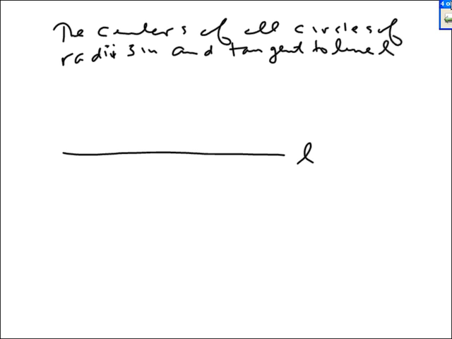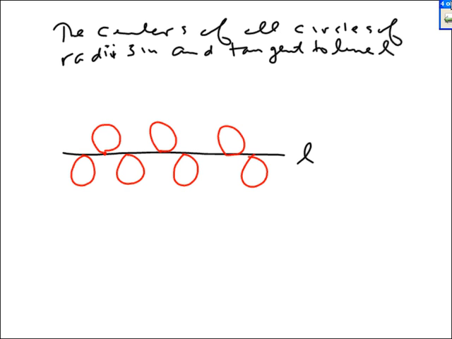Okay, so you have circles tangent to line L of radius 5. This circle, and this circle, and this one, and that circle, and that one. And we're talking about the centers of all of these circles.